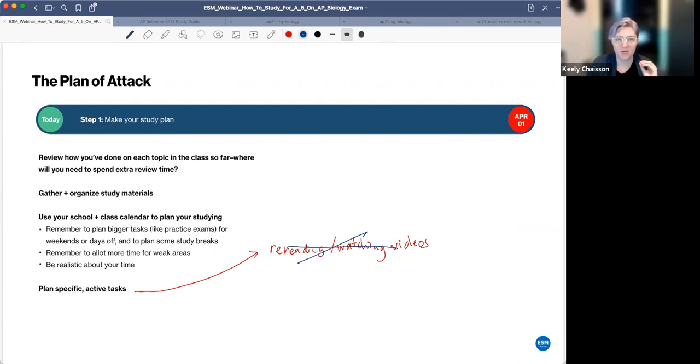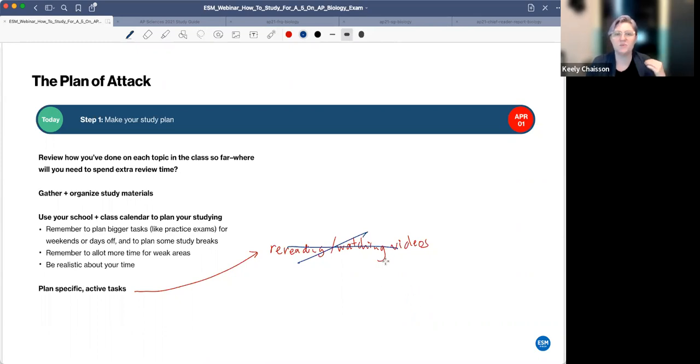This is how you initially take in material, but when we reread material alone, it often feels very good. Our brain recognizes some of the content, and that feels like it's a useful practice. But in order to recall something later, you need to practice the act of recalling it.